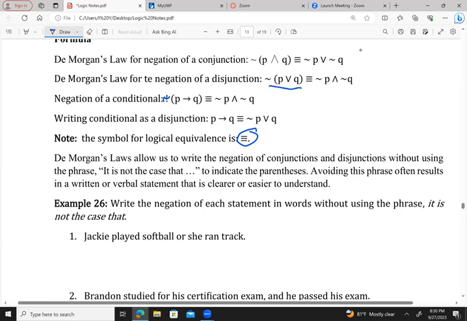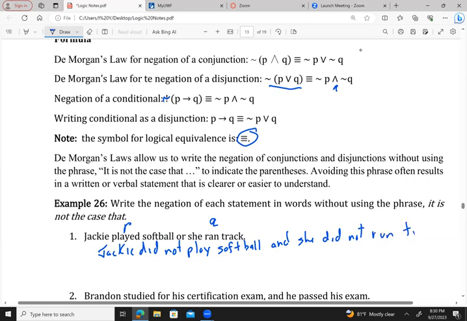If we say Jackie played softball is P, and she ran track is Q, we're looking at the negation of P, Jackie did not play softball, and then the negation of Q, she did not run track.